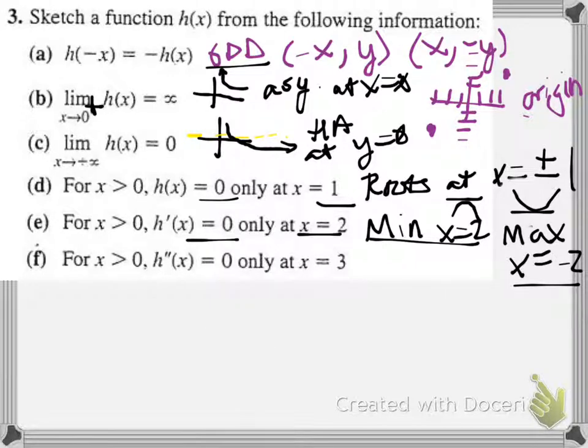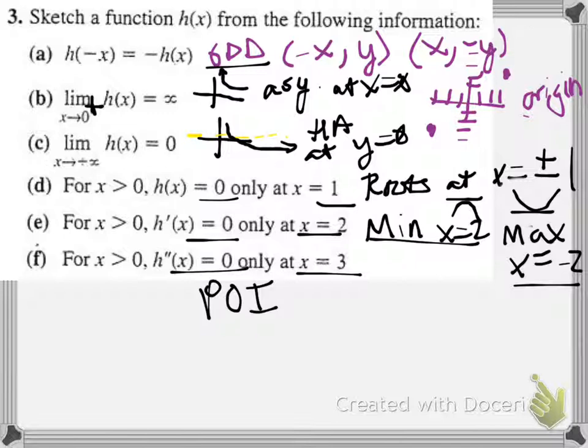All right, you guys. So last but not least, F is telling me that for all of my positive x values, the second derivative is going to be equal to 0 only at x equals 3. Well, if my second derivative is equal to 0, this is talking about points of inflection, where I'm changing from one concavity to another.